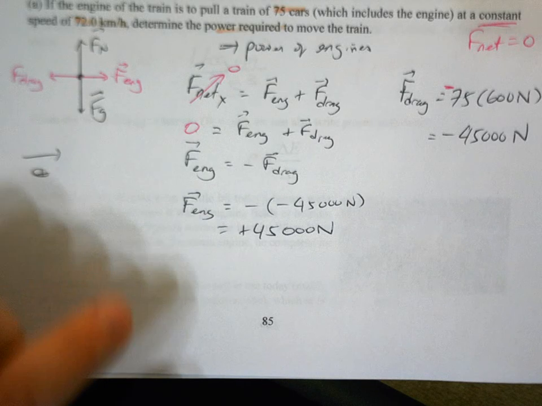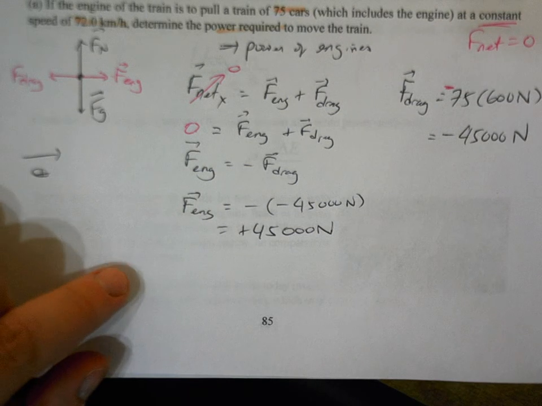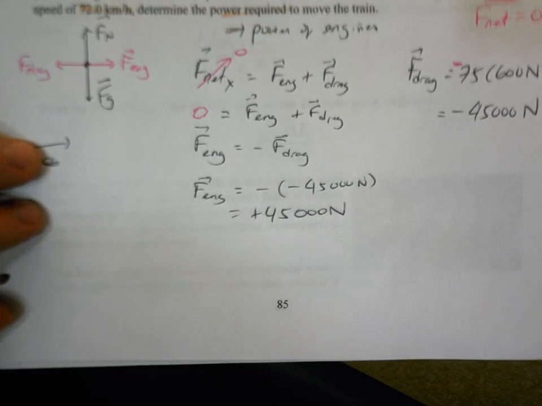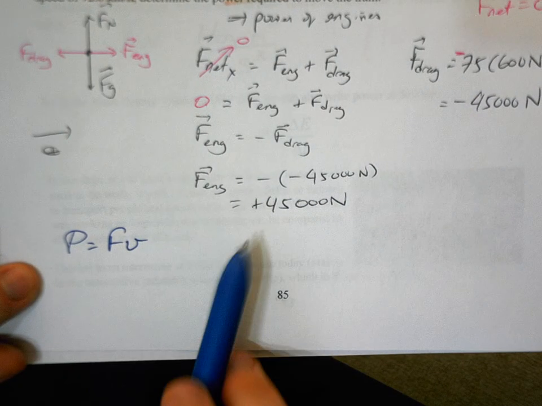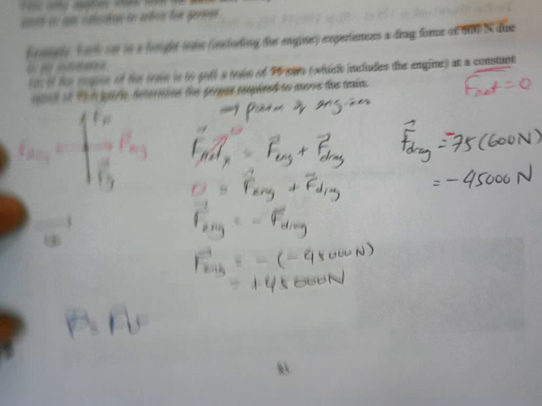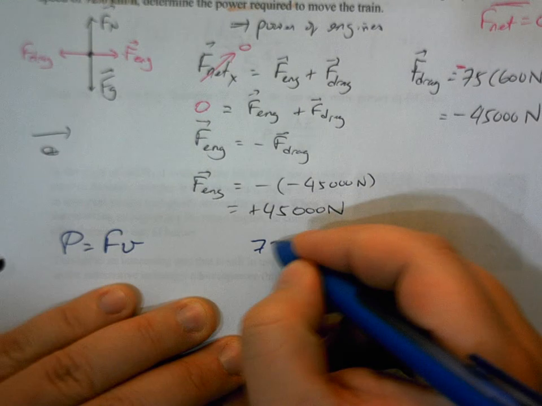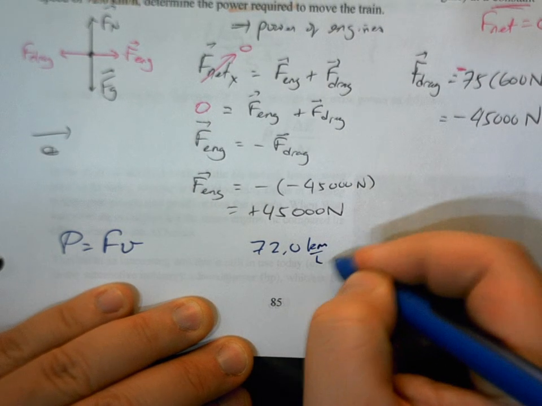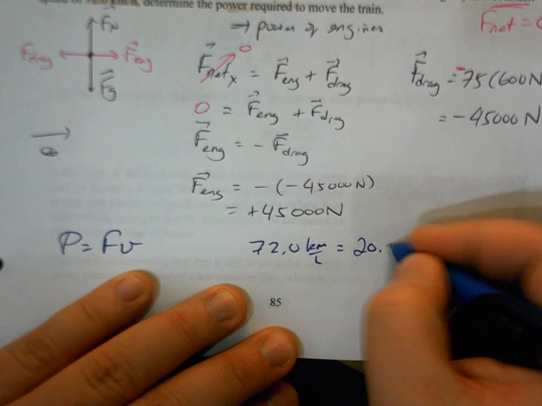So that gives me the force of the engine, and I would like to find the power due to those engines. So I know the force, and I also know that P is equal to FV. If I know the force provided by the engines, and I know it's moving at 72 kilometers per hour, which we're going to convert, that means I can find the power. 72 kilometers per hour gives us exactly 20 meters per second.